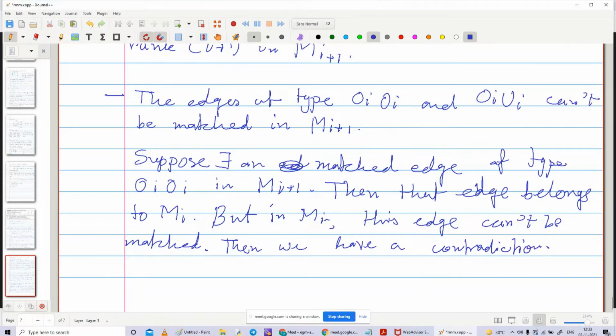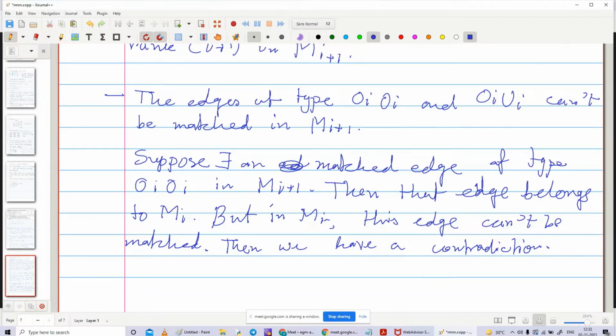Okay, so how are you doing? I will repeat it one more time. The edges of type Oi, Oi and Oi, Ui cannot be matched in Mi plus 1. Let's assume that there is an edge of type Oi, Oi which is matched in Mi plus 1.